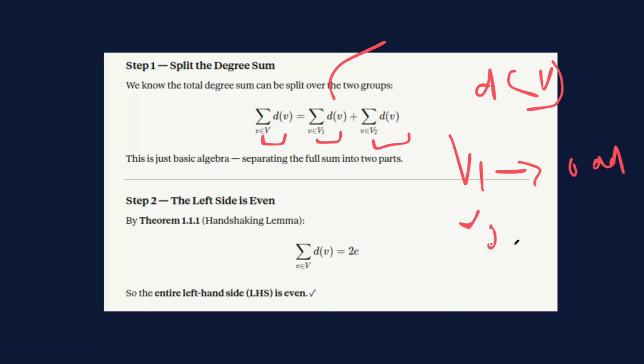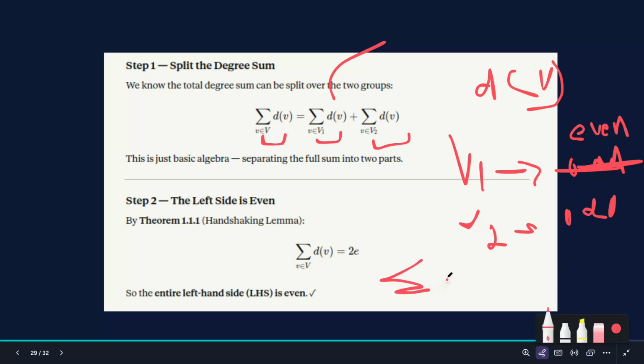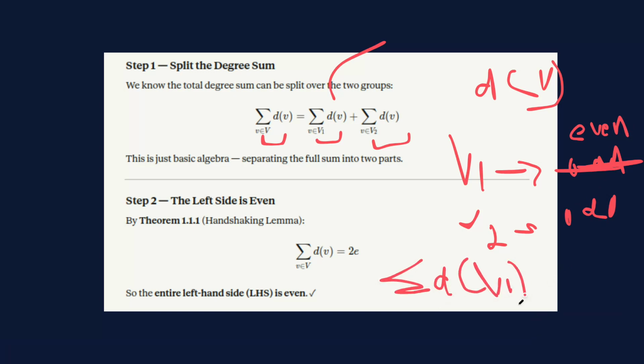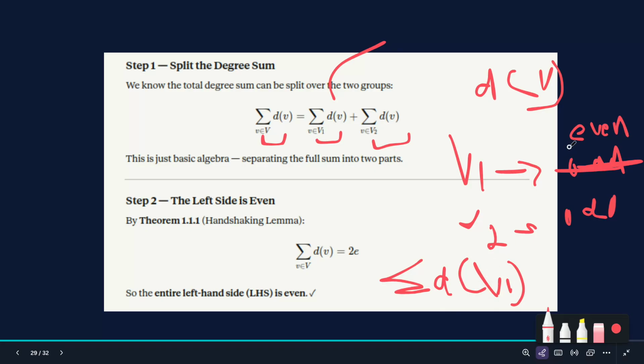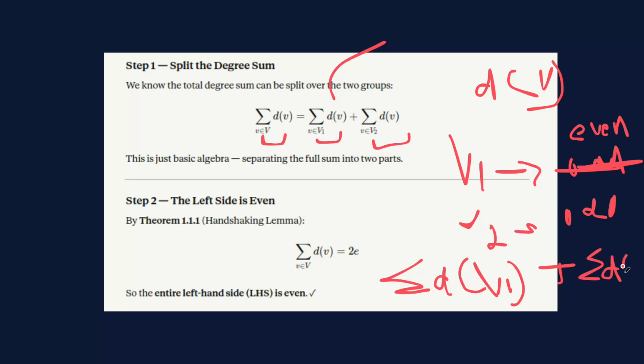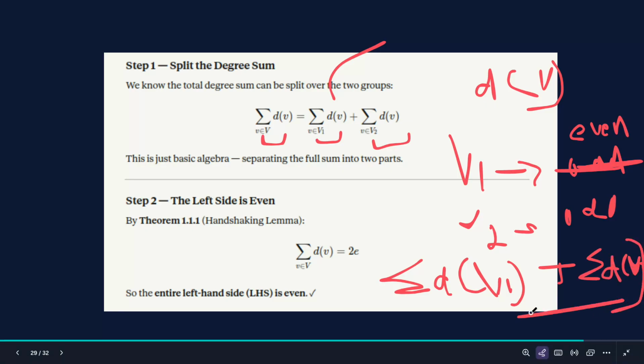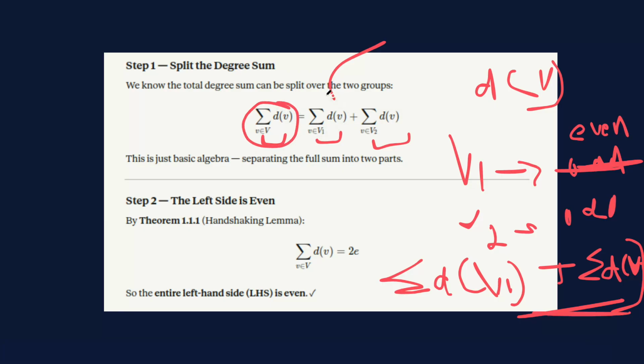Here V1 is the set of vertices with even degree and V2 is the set of vertices with odd degree. So if I take the summation of the degrees over V1, all these even vertices, plus the summation over all the odd vertices, this will give me the sum of all the vertex degrees.